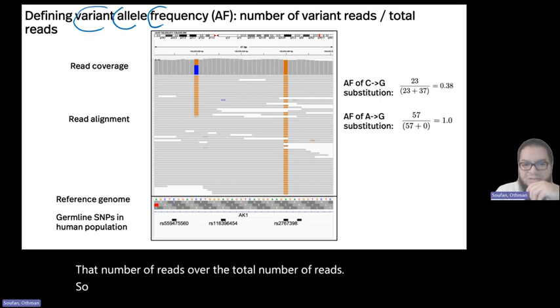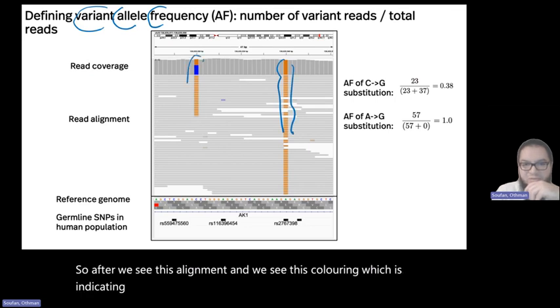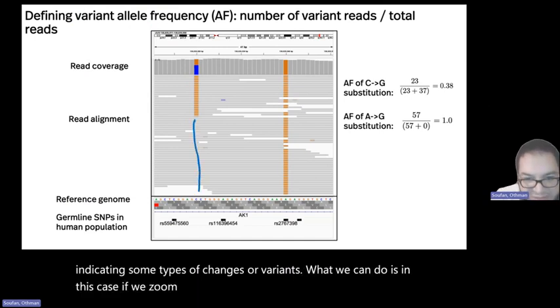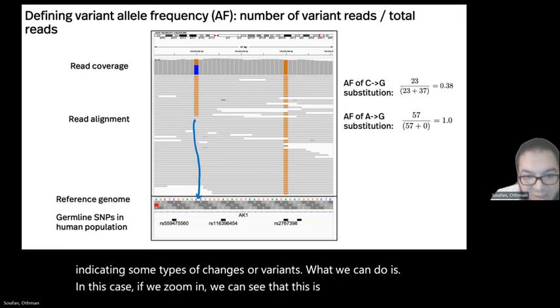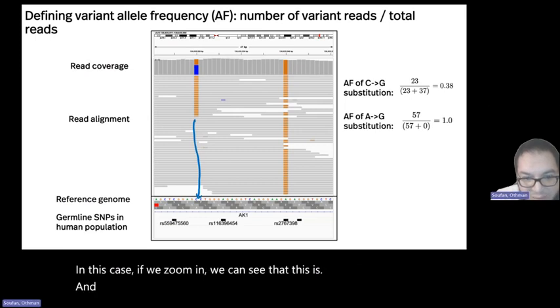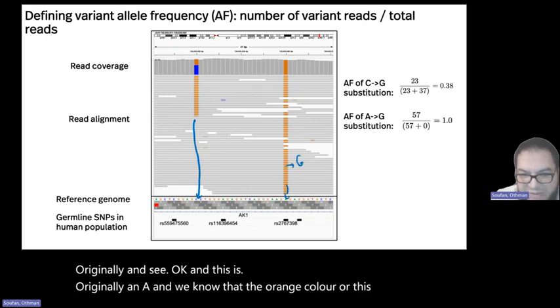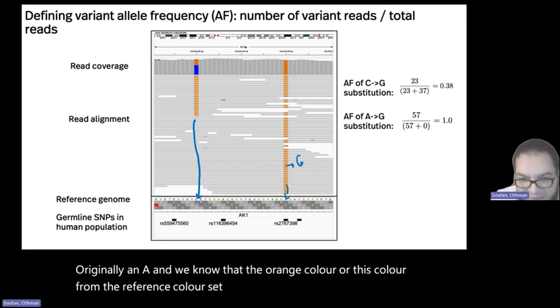After we see this alignment and we see this coloring, which is indicating some types of changes or variants, what we can do is zoom in, and we can see that this is originally C, and this is originally an A, and we know that the orange color, from the reference color set, you can see it here, means guanine.